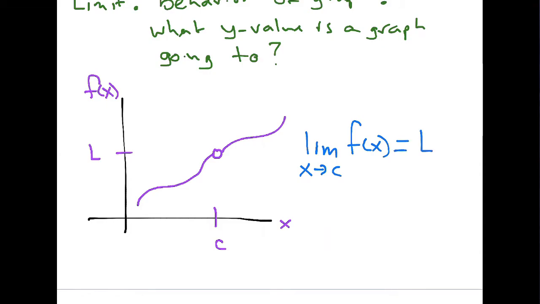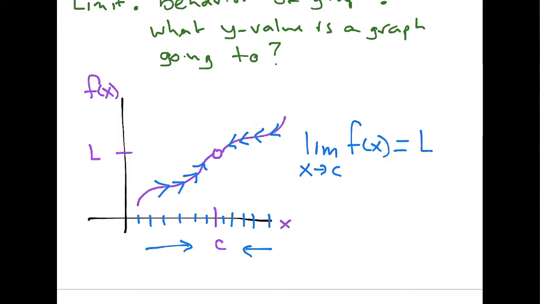Even though there's a hole there, what we're doing is we're kind of saying, getting closer and closer, as if we were traveling on this graph like it were a road, where is it getting to? As we move along the x-axis from either direction, as we get closer and closer to this value c, what is this graph getting to?